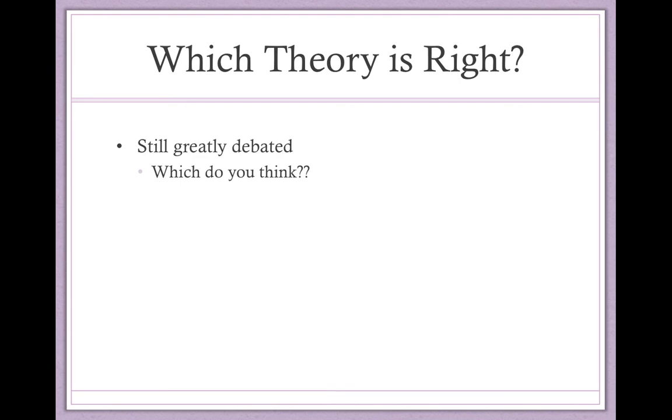Gardner's theory? The triarchic theory? And whichever theory you think is right, how would you measure that idea of intelligence? See, that's where we get stuck. It's measuring it. Because once again, it's the ability, the potential to do a certain thing, and not necessarily the performance of it.